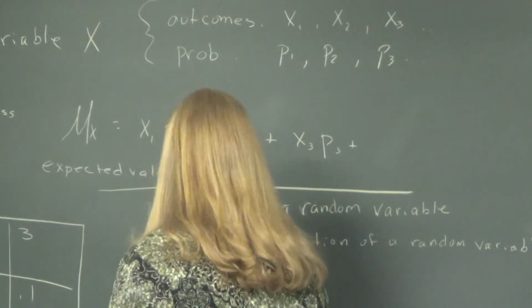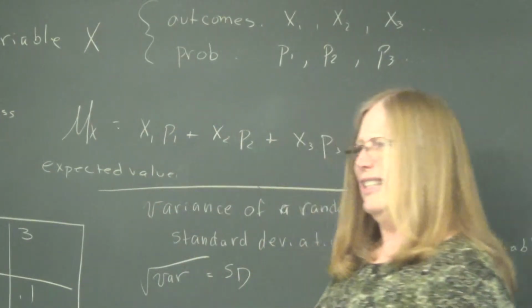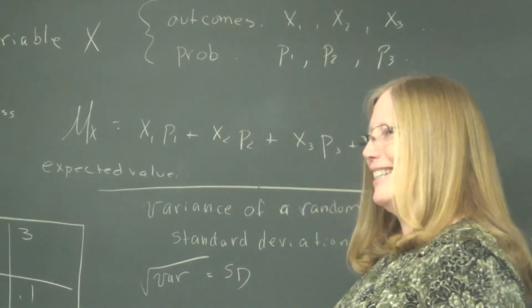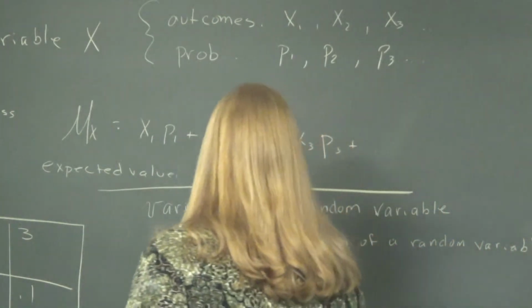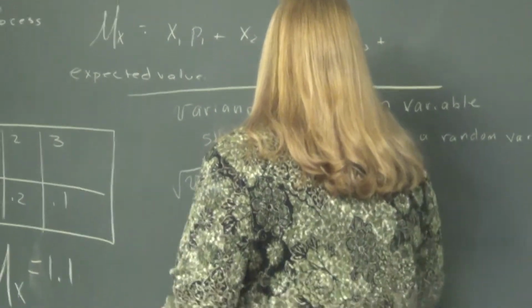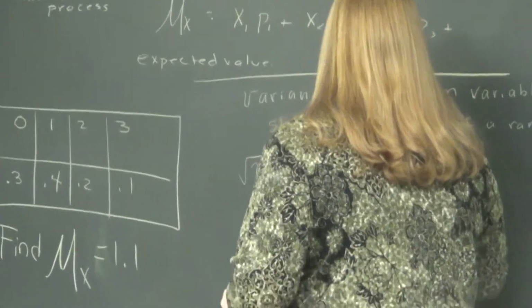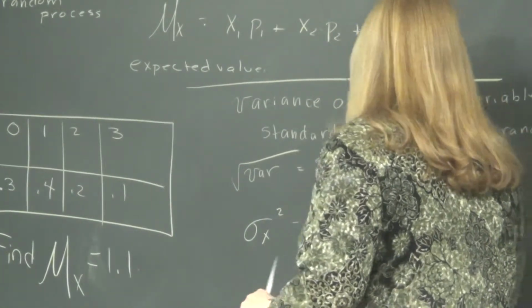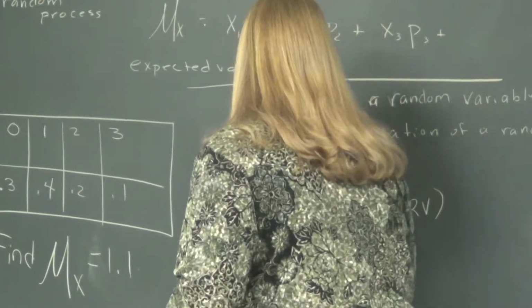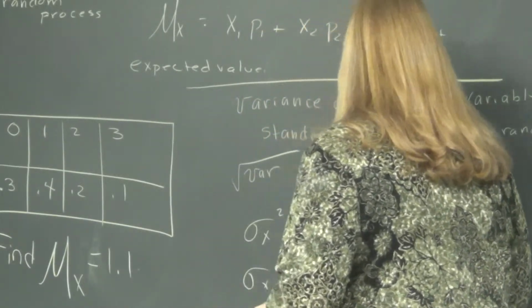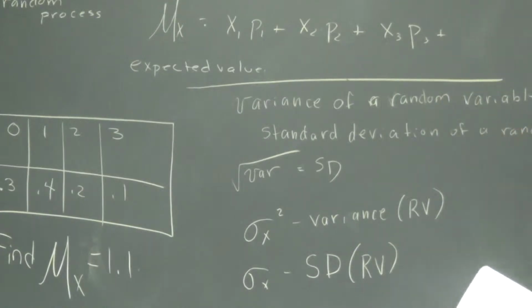Sigma squared is the variance of a random variable. I put RV for random variable, and just sigma sub x is the standard deviation of a random variable. So that's a symbol we're going to use for those.